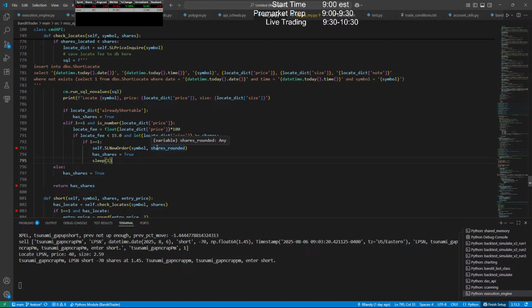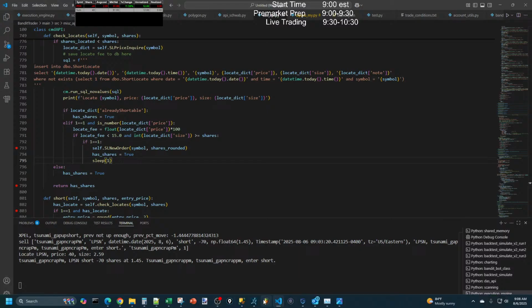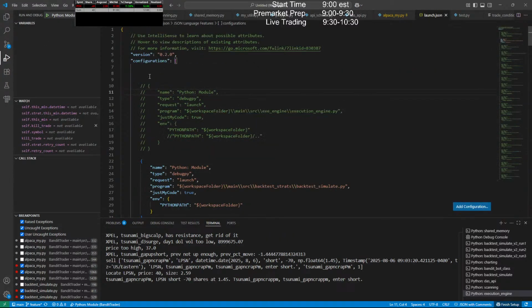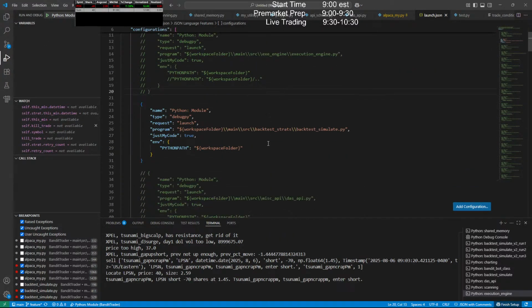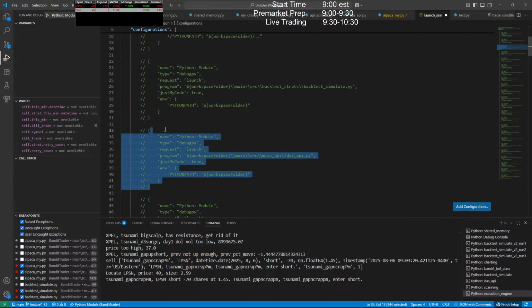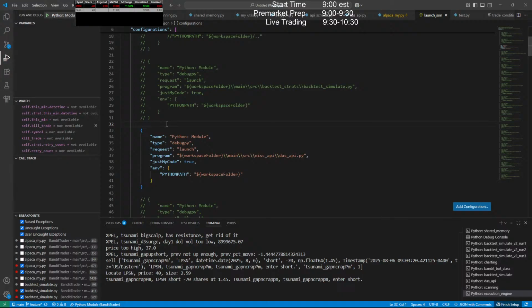So we have, what was the stock? LPSN. Let me try this on the debugger really quick. Okay.